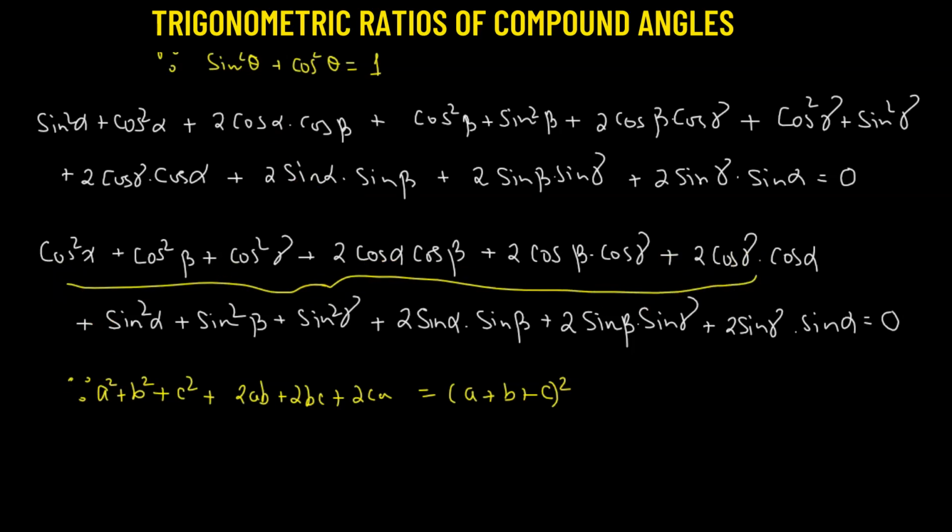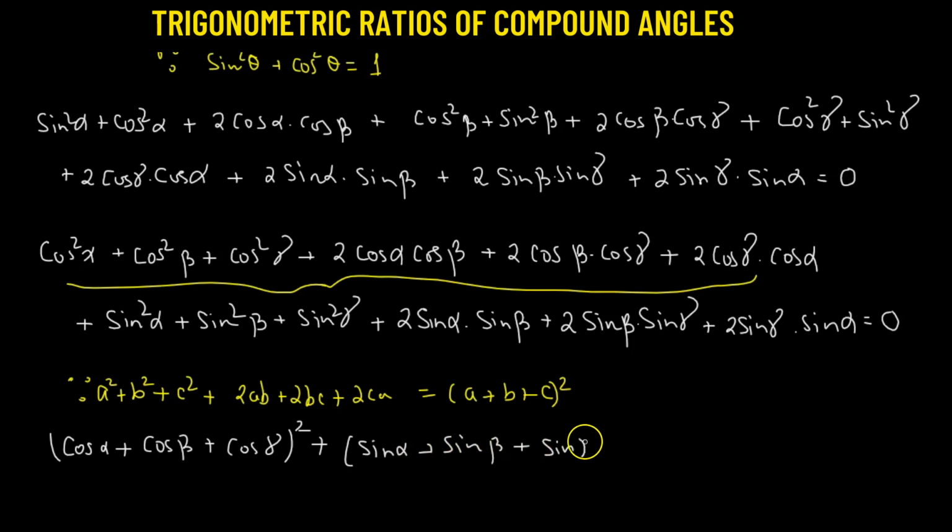So we can rewrite these 6 terms in a combined form as cosine alpha plus cosine beta plus cosine gamma whole squared. And then we'll combine the remaining 6 terms as the expansion of sine alpha plus sine beta plus sine gamma whole squared, and that's equal to 0.